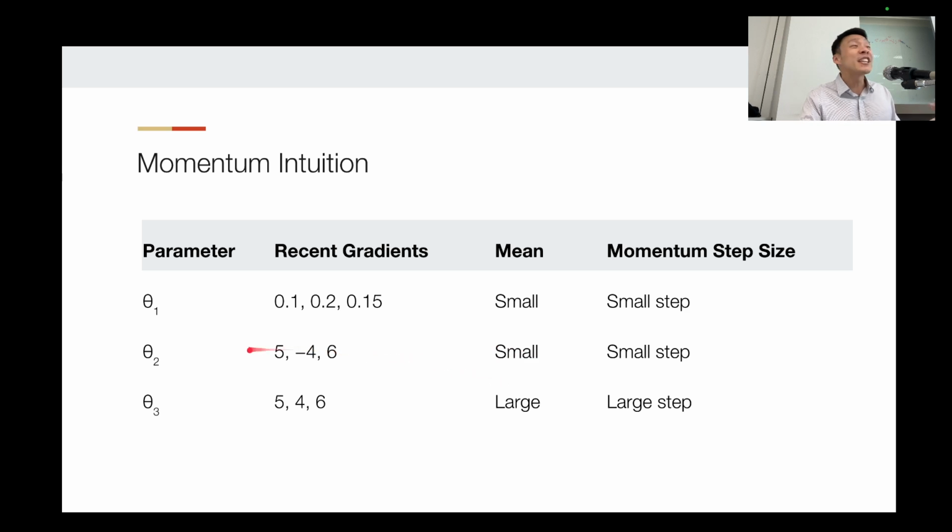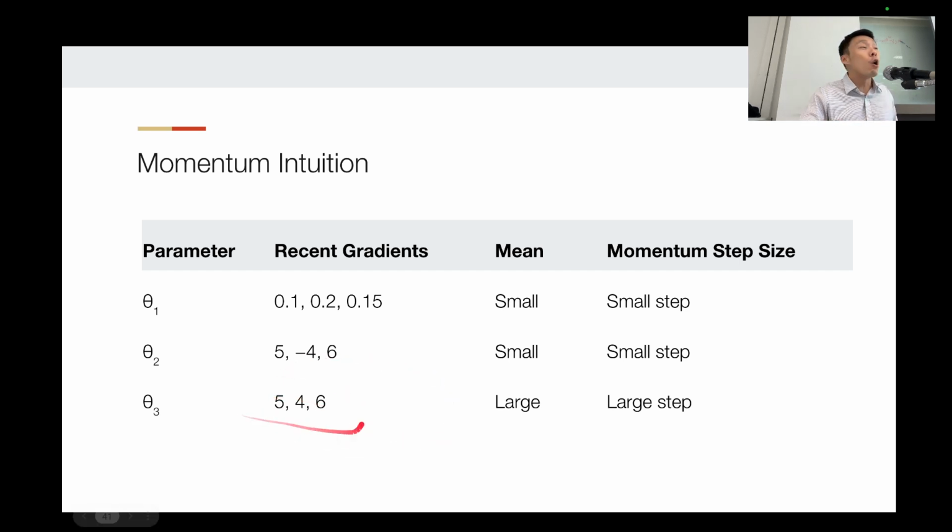So by taking the average over the previous gradients that you have seen, you can make a more educated decision on how to update, small or large. On the other hand, if the gradient is large, that means you can go fast, you can update very fast.